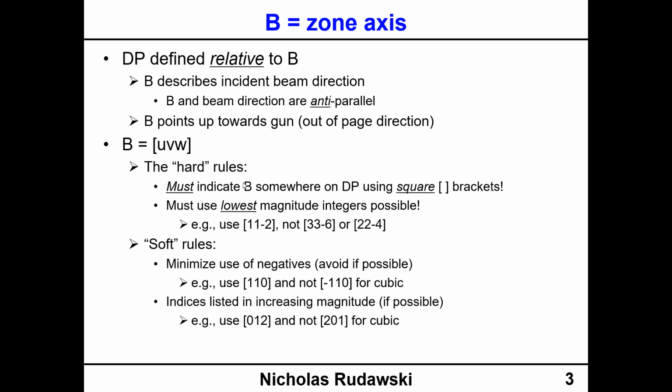And now what you're going to see are simulated diffraction patterns, okay? And what I did when I ran these simulations is I kept the lattice constant of the material the same. I kept the magnification of the pattern the same, the wavelength of the electrons the same, and the zone axis the same, but I'm changing the crystal structure.